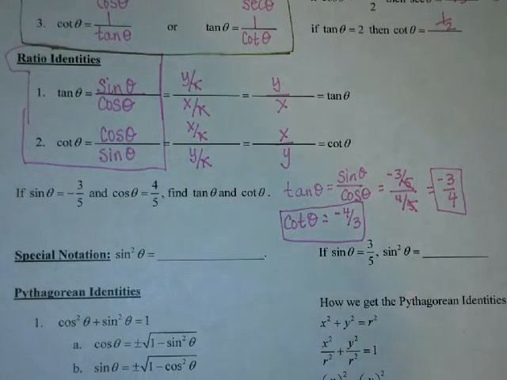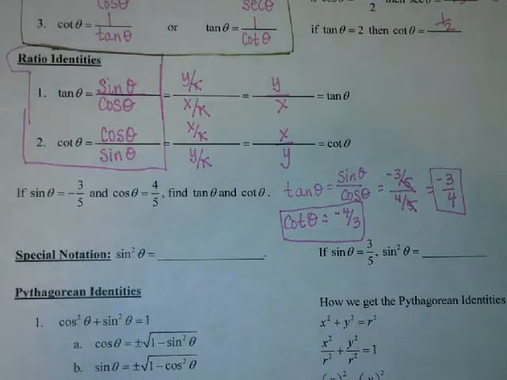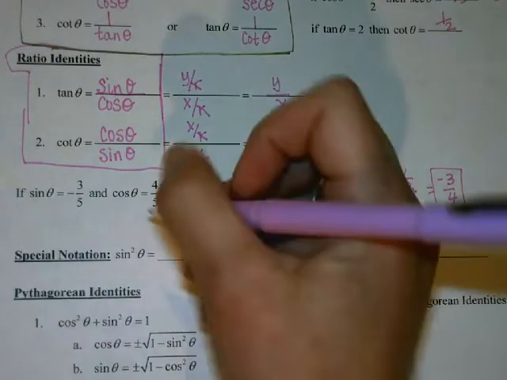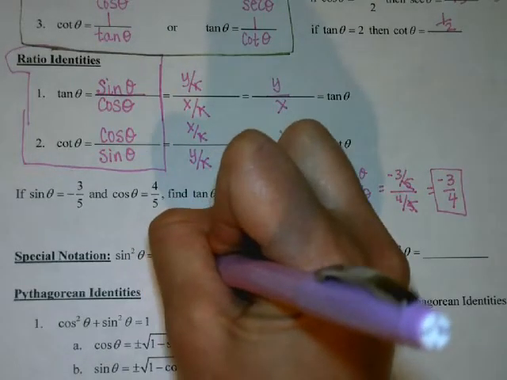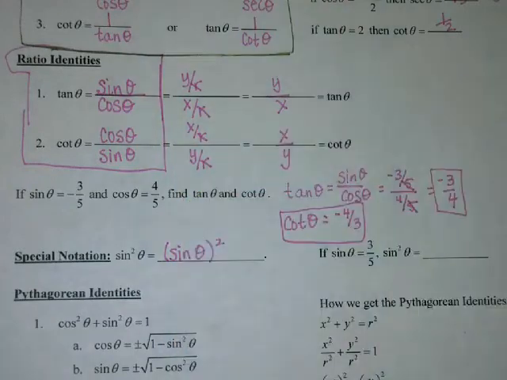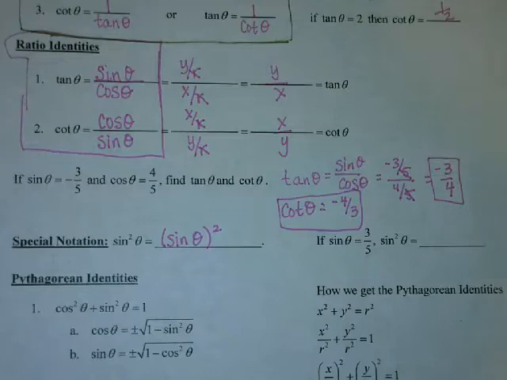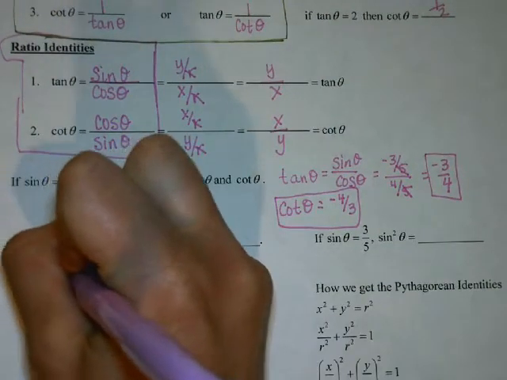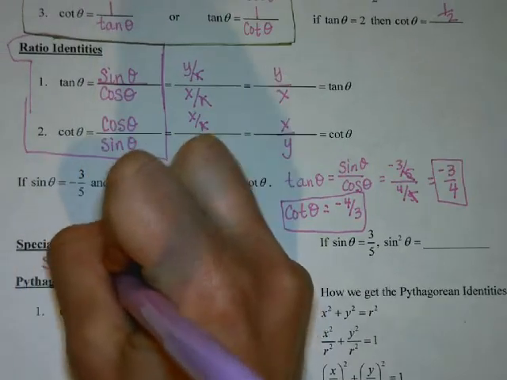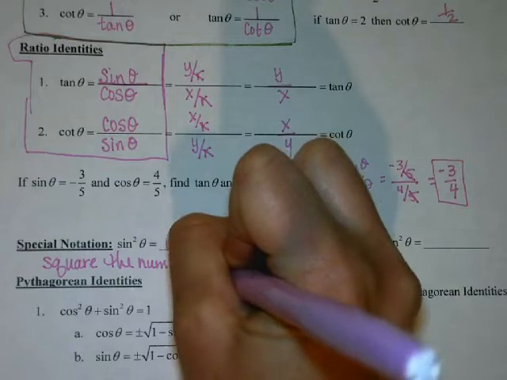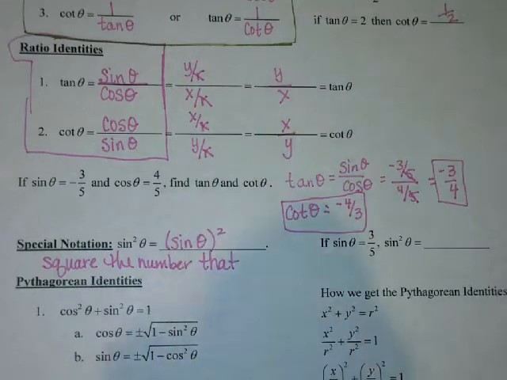All right, special notation. Sine squared theta just means sine of theta squared. So instead of writing it with all the parentheses, it just means square the number that represents sine theta.